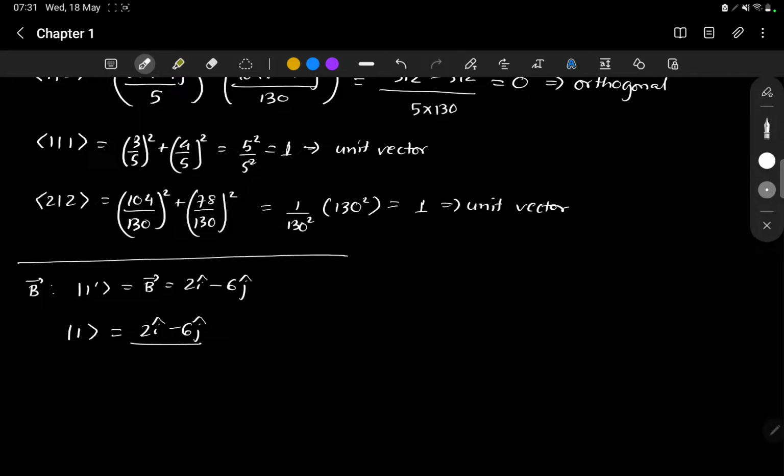The magnitude of this is going to be the square root of 2 squared plus 6 squared. So 6 is 2 into 3, so that's what we have written.